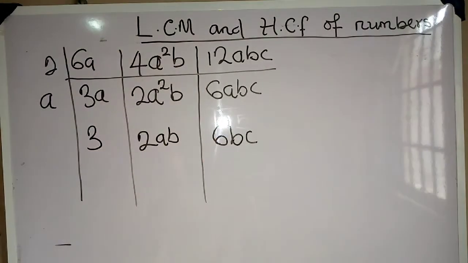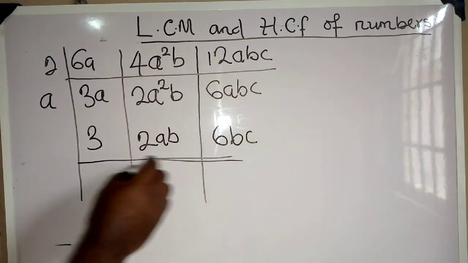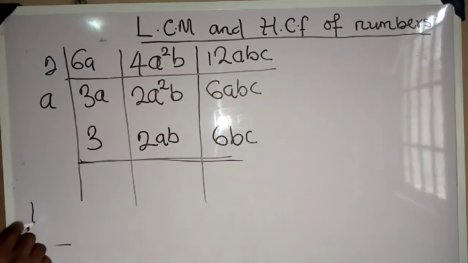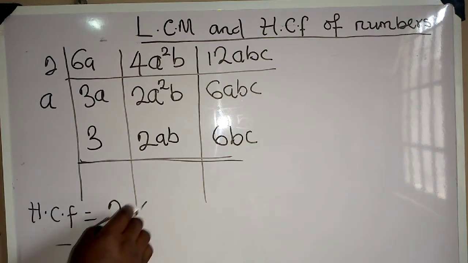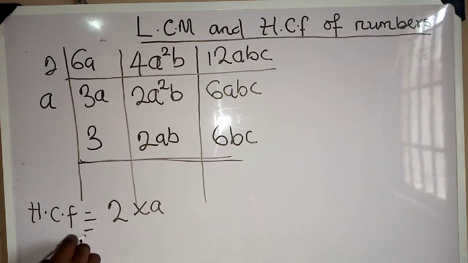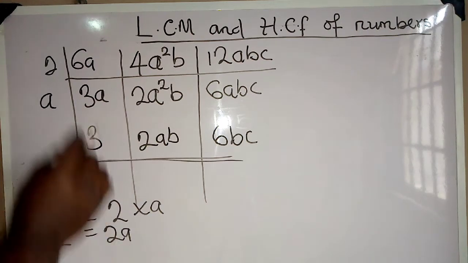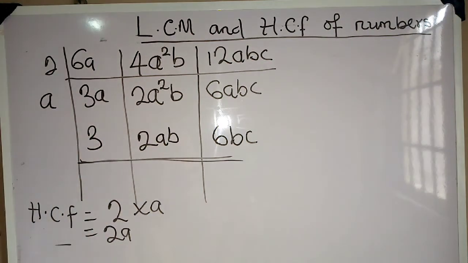Now, if you look at these 3 terms, there is no other common factor. So I'll end my division right here, and then my HCF will be 2 times a. That will give me 2a. That's my HCF of the terms 6a, 4a squared b, 12abc.